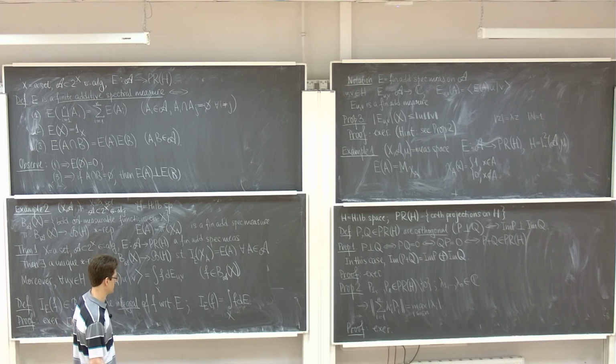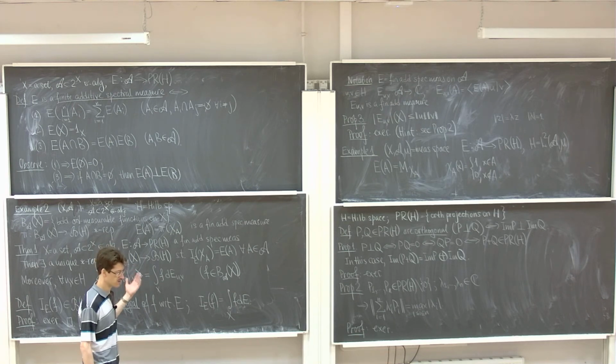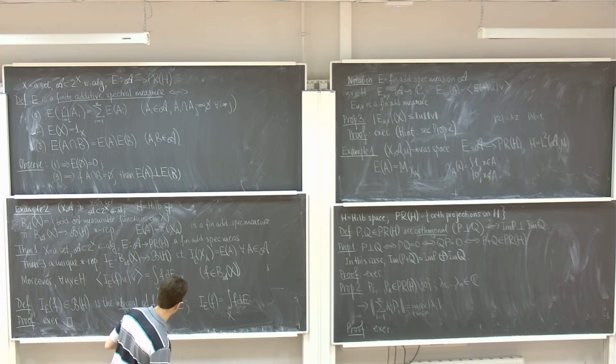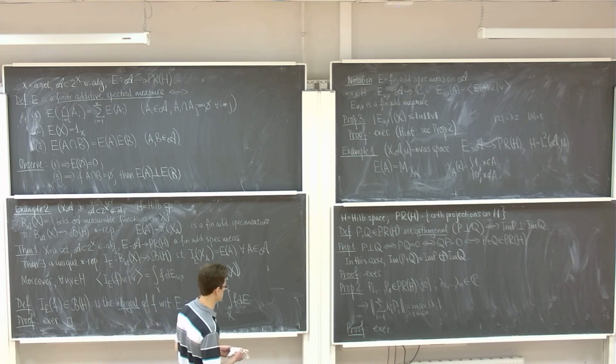This is more or less elementary. And then we just extend it by continuity, since the simple functions are uniformly dense in bounded measurable functions. We extend this map by continuity to the algebra of all bounded measurable functions, and we get our representation. So basically, the construction is the same as in the case of the usual Lebesgue integral.